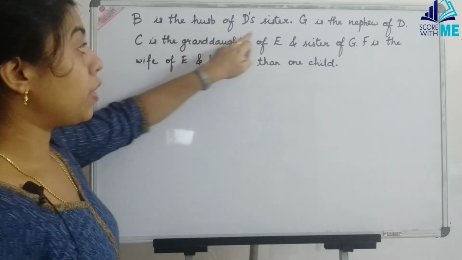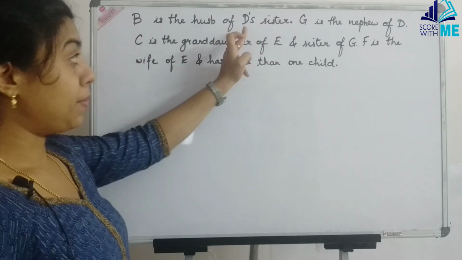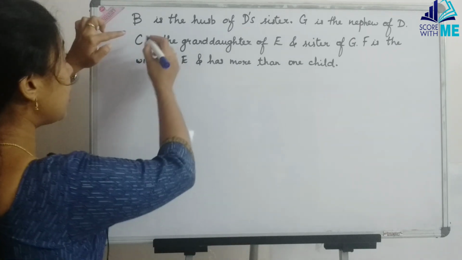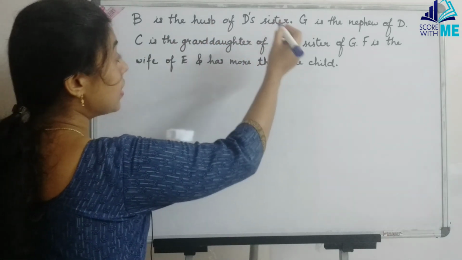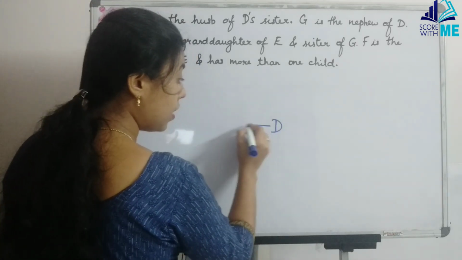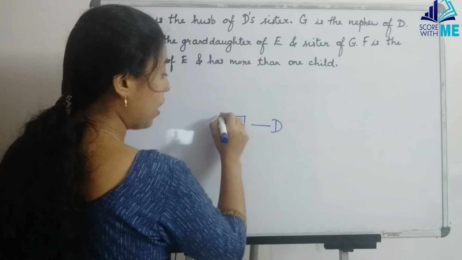B is the husband of D's sister. So B, the husband, and D and his sister all lie in the same generation. So D has got a sister. D's sister's name we do not know, so let us leave it blank.